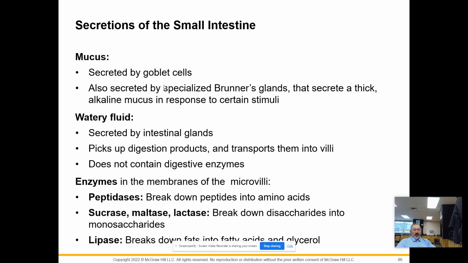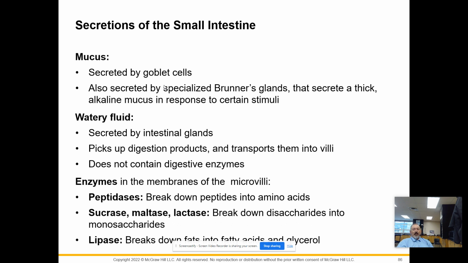All right, so mucus. Mucus is going to be released by goblet cells. No surprise there. These are the columnar epithelial cells, and that's kind of what they do, those goblet cells. Secretion is also done by the specialized Brunner glands. The enterokinase is where you may have remembered the word Brunner gland. The enterokinase is going to cause the chymotrypsinogen to become trypsin, and now the trypsin is going to have many different pathways that can be activated as a result of it doing its job.